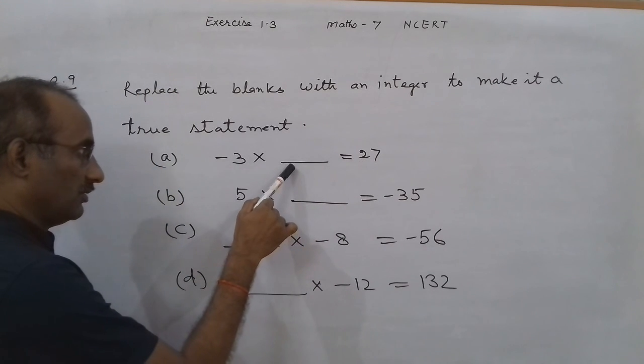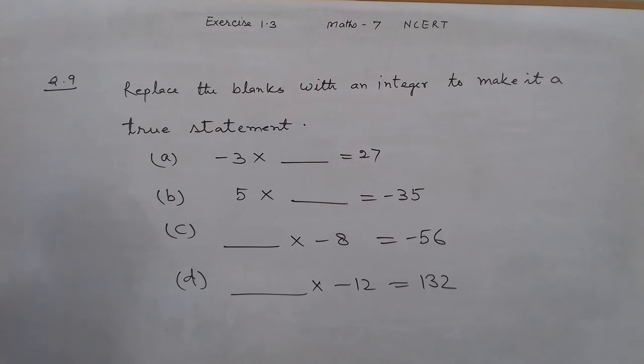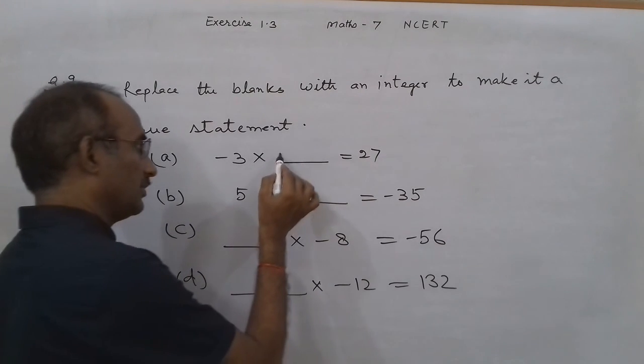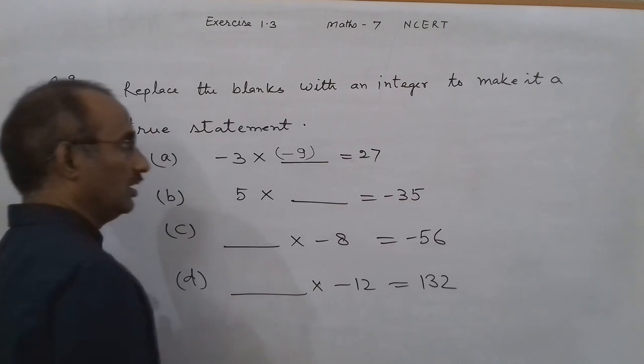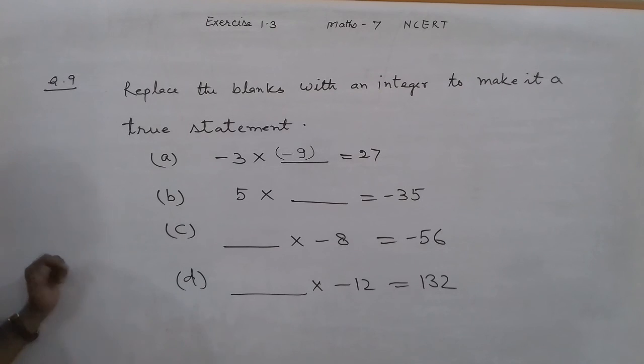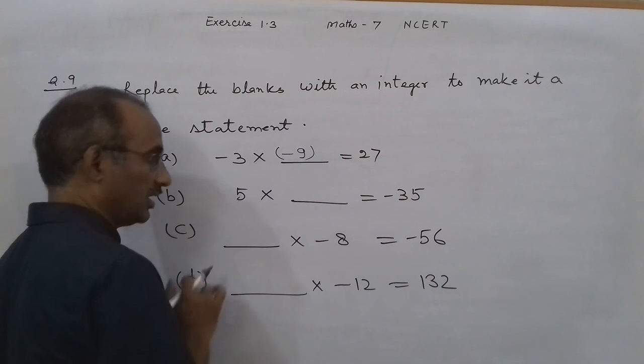So the number which comes here will be a negative integer. 3 nines are 27. So here we write -9. If we multiply -3 with -9, then we get plus 27.